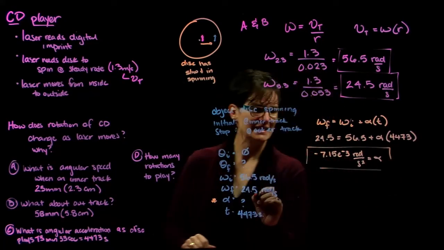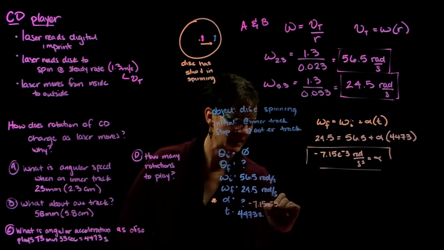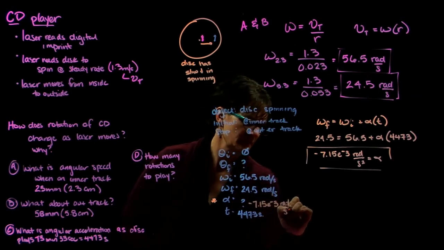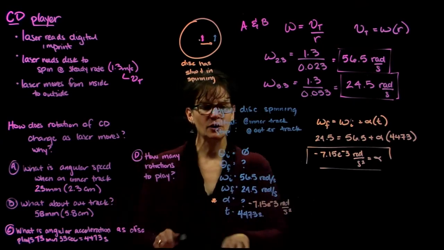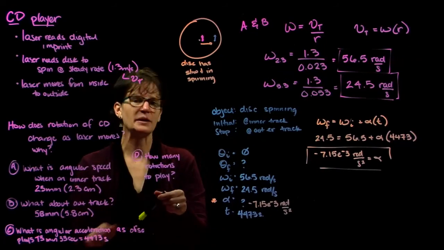And we are going to need that part C, 7.15 times 10 to the negative 3, for us to examine how many rotations it makes. Now, it's asking for how many rotations.